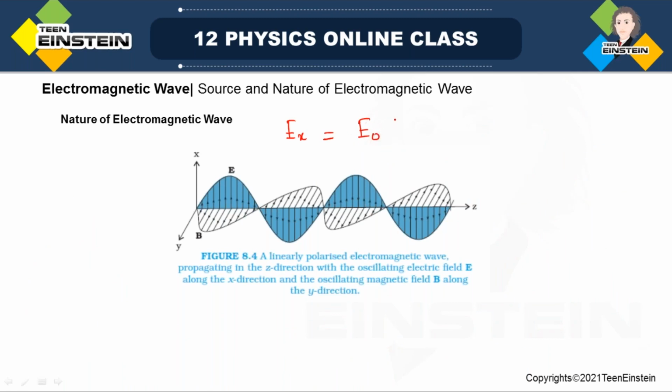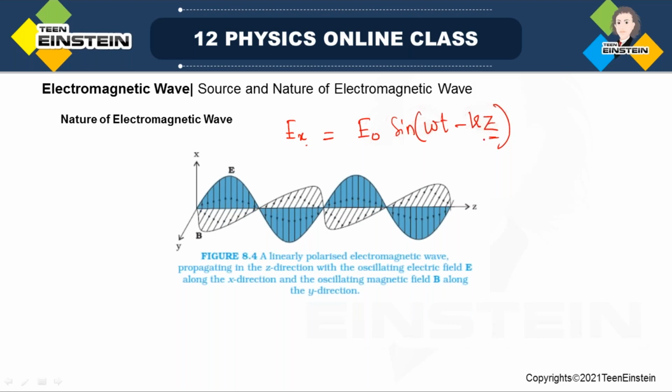Suppose it has some magnitude E0. So I can write a sine or cosine term: sine of omega t minus k z.